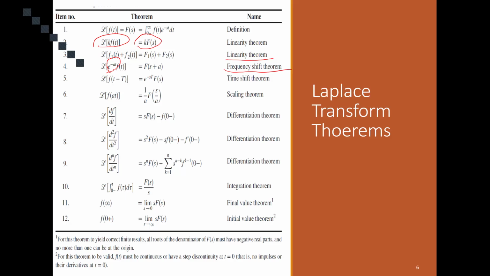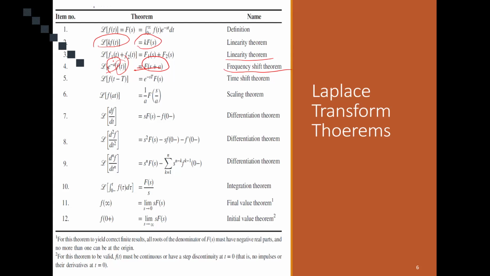Now you can think about why that exponential function means frequency shift, and remember that the frequency is the state of the system. If you have such a function, the Laplace of that f function is just s shifted, with the same coefficient of t in the power of that exponential. So for e to the minus at, the Laplace would be F(s plus a).